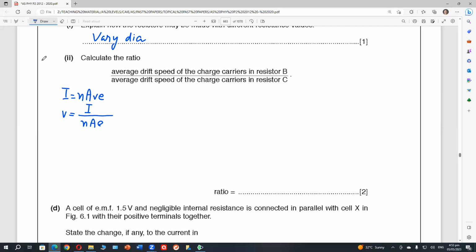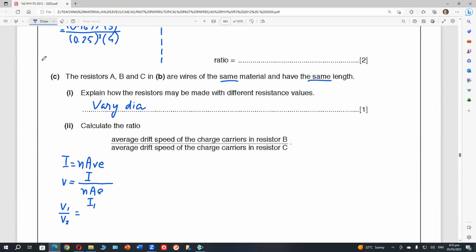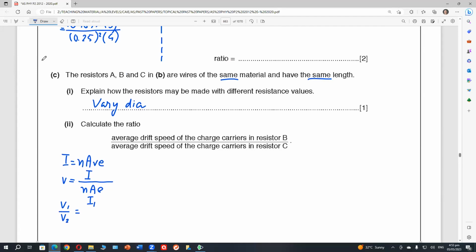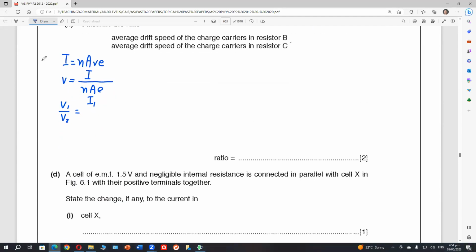Always keep on doing it so it stays in your memory. In resistor B and resistor C, when you say V1 upon V2, B and C are wires of the same material, so we can take the same N.